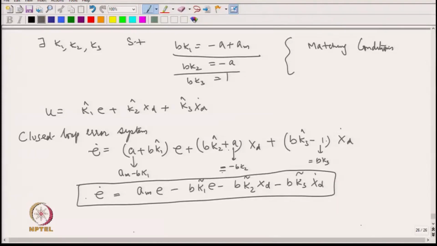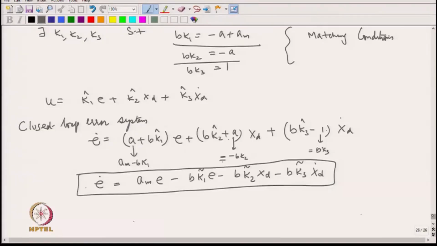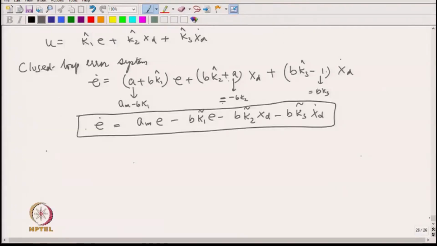Okay. So, now the next step would be to again consider a Lyapunov function candidate and try and prove stability. So, the Lyapunov analysis will also help us in designing the update laws for k1 hat, k2 hat and k3 hat.